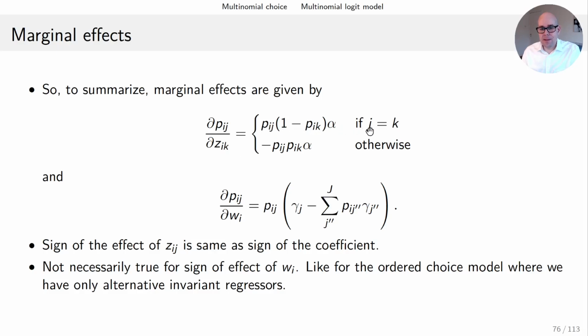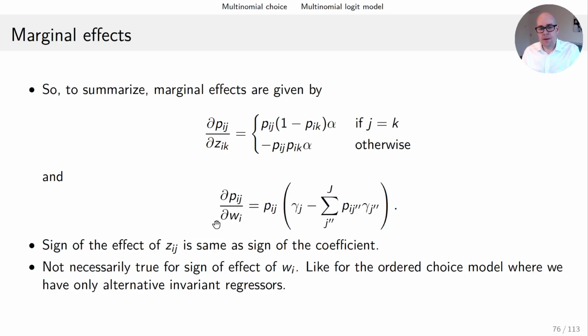So either when j is equal to k, so when its own characteristics, then it's going to be p times 1 minus p times alpha, and otherwise it's going to be minus Pij pik times alpha. So when you write this one out, it only has the second expression, and then j is the second element of that sum, and j is not equal to k anymore.